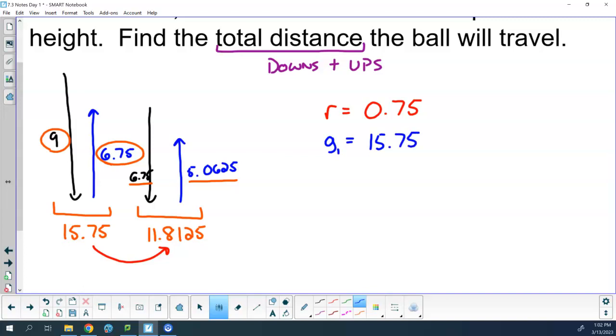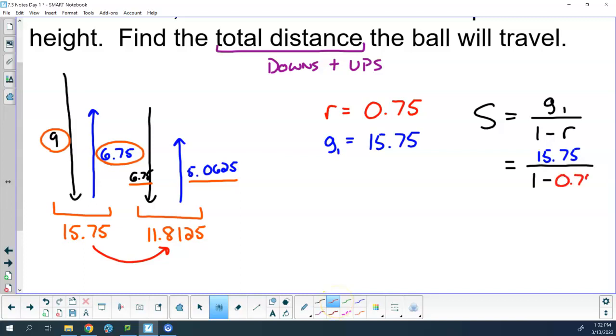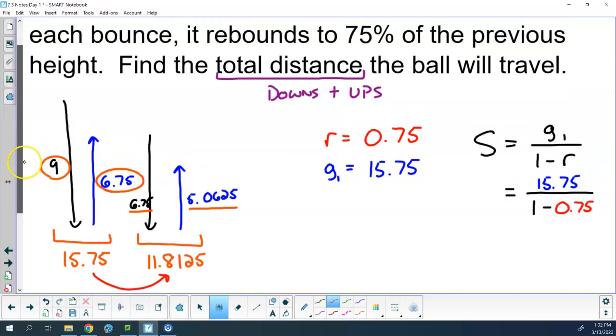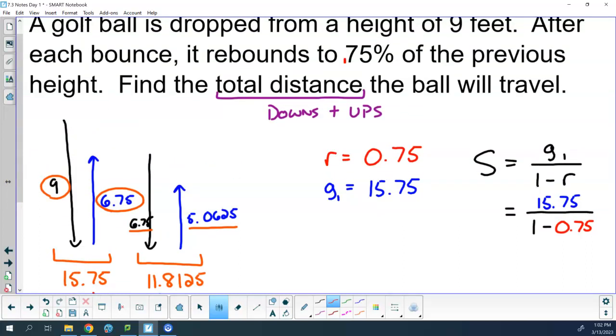So if this ball bounces forever and ever, that's going to be an infinite geometric sum. That's going to be 15.75, the first term, divided by 1 minus 0.75, because that's the R value that you got from there in the problem.